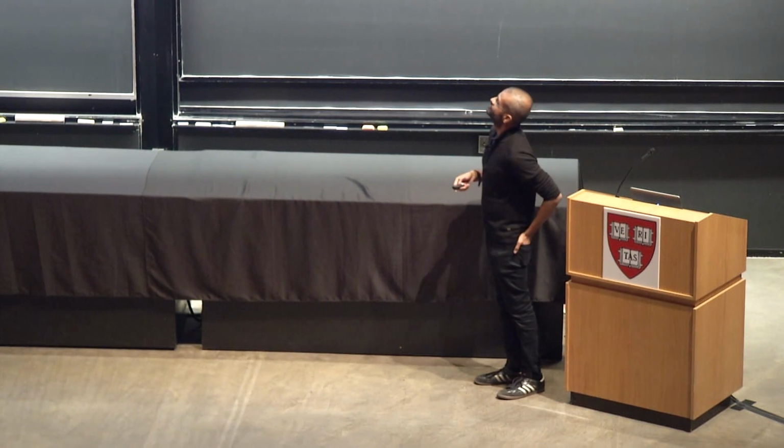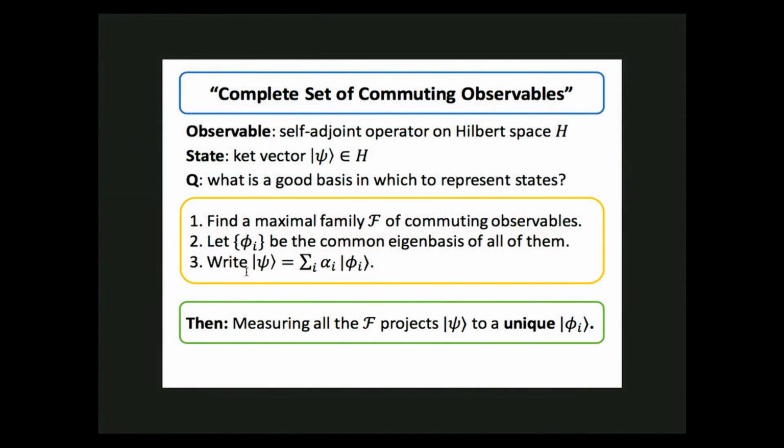This is called a complete set of commuting observables. This is a construction that people use in physics, and this is what Dirac said you should do.